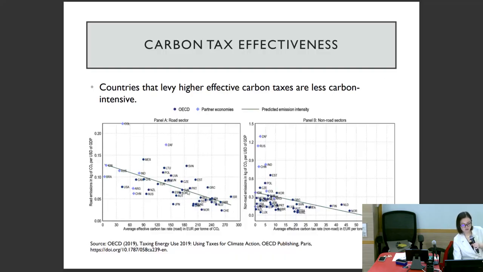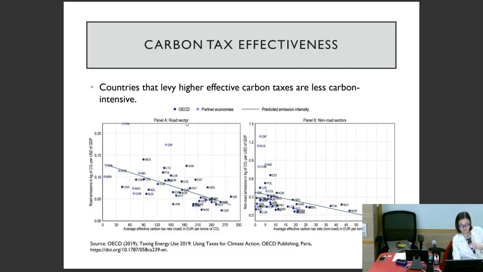So if you enforce a more expensive carbon tax, then generally the overall carbon emissions of that country will be lower. So it is like an inverse relationship. The higher the tax, the lower the emissions.